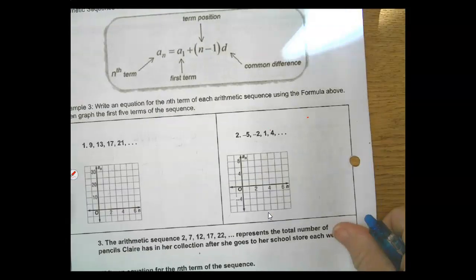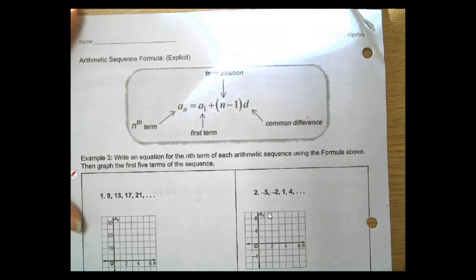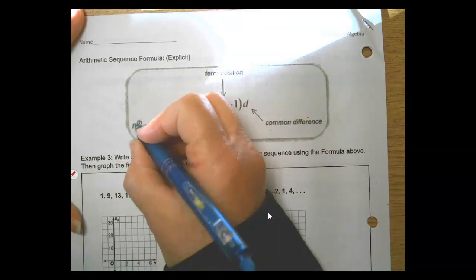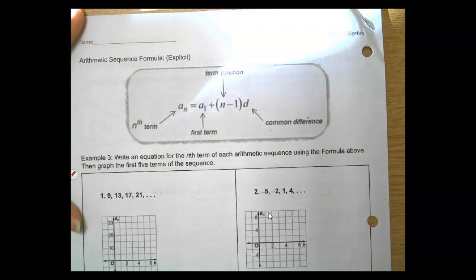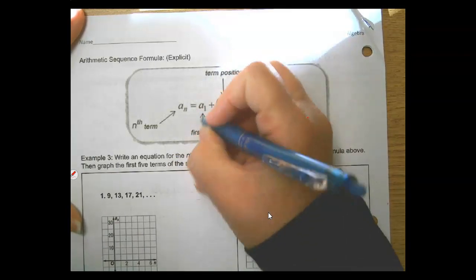This is where it gets tricky. This is where you're applying a formula to find that next term. And so a sub n is just kind of like your f of x. You're saying I need the next term. This a sub 1 is your first term in your sequence.